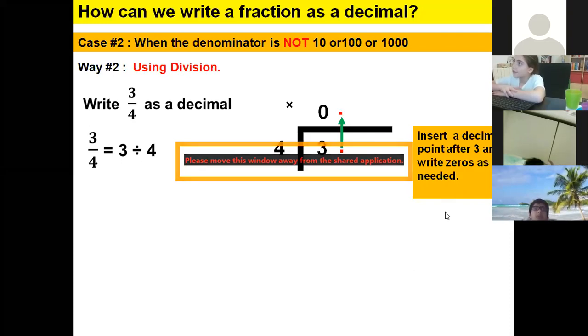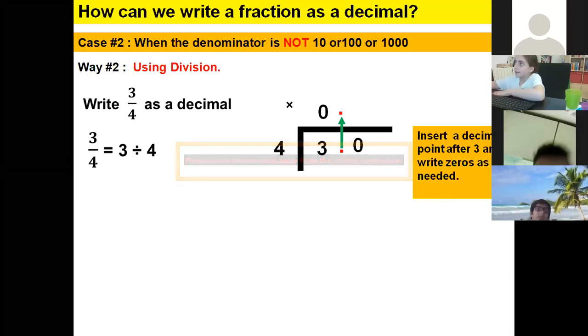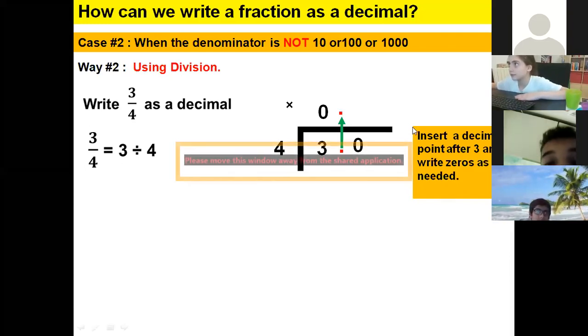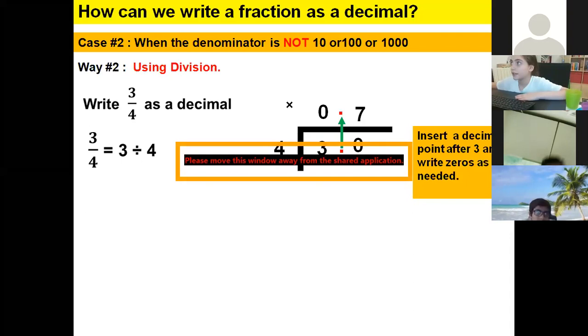Then we add a 0 next to the 3. Now we see how many 4s are in the 30. There are 7. 30 divided by 4, the closest one is 7. Excellent, Sarah. And then we multiply 7 by 4, it is 28. We subtract, it will be 2.